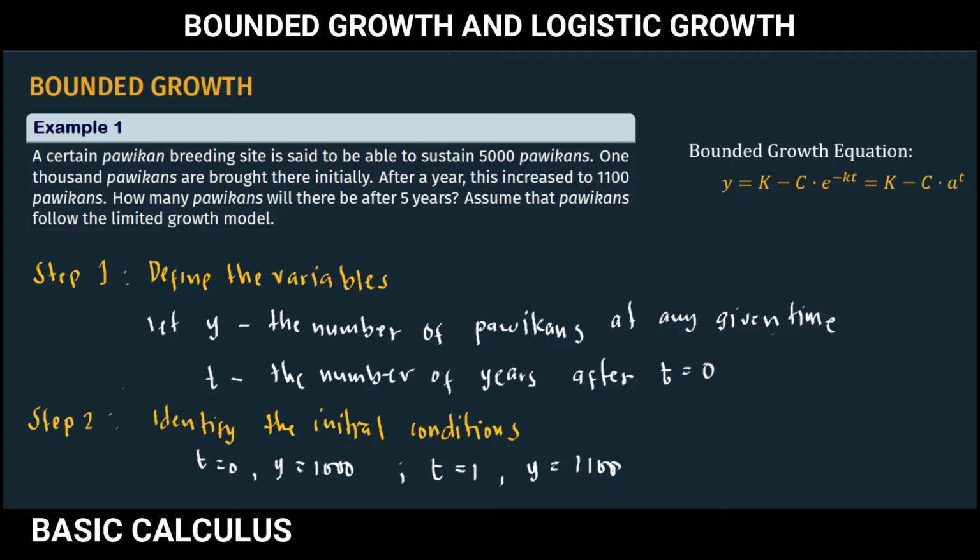Also take note that we have here the given k. We know that k is the carrying capacity. It is given that the breeding site can only sustain 5,000 pewees, so the 5,000 here is the carrying capacity. Meaning k is equal to 5,000.